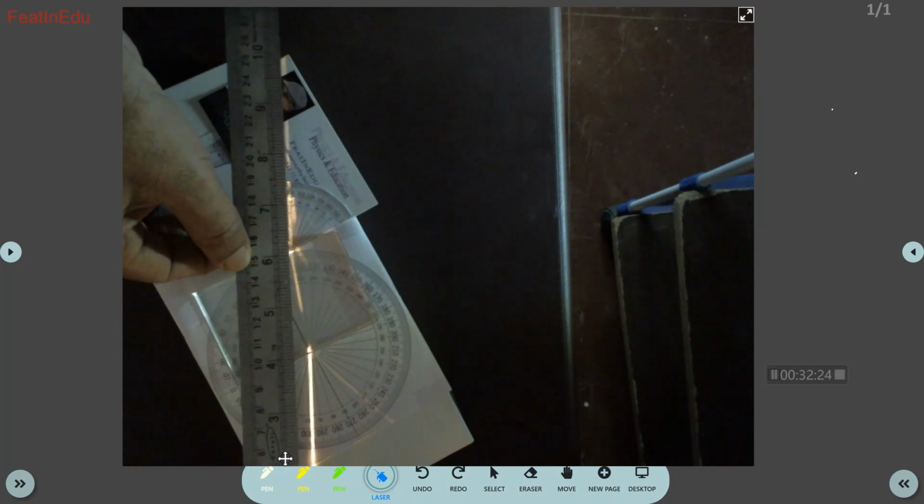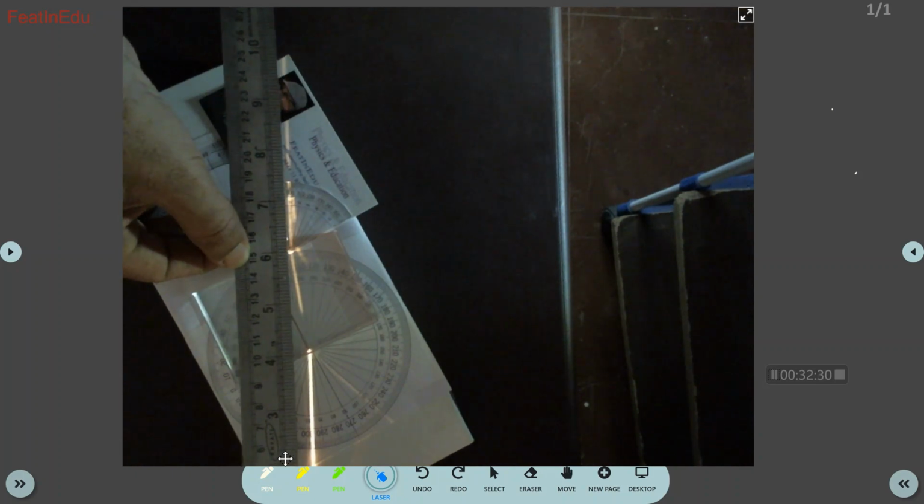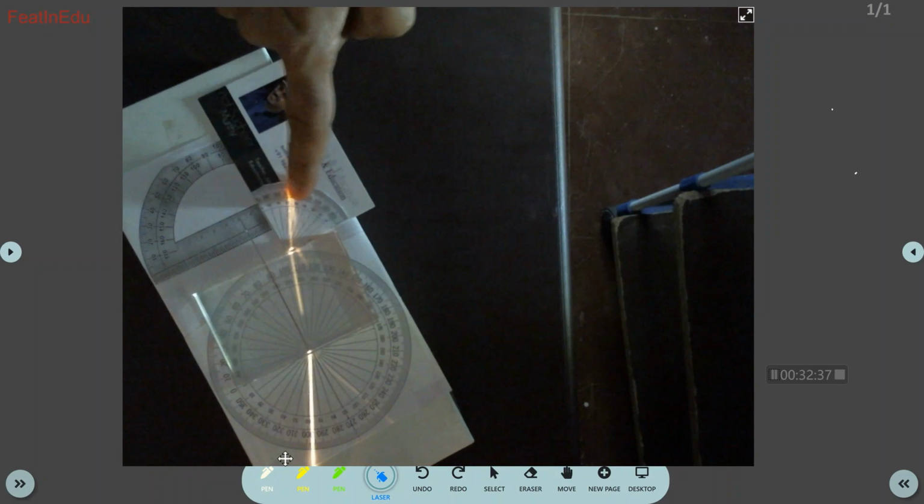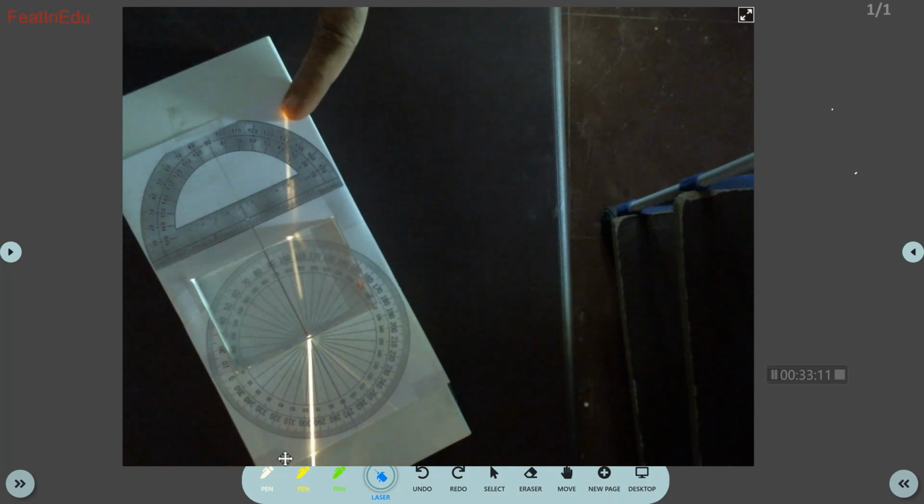The edge of the scale is coinciding with the emergent ray. This is the emergent ray. Can you see?